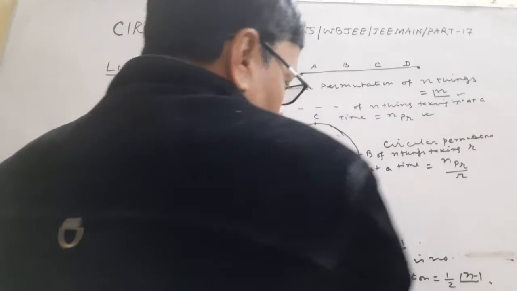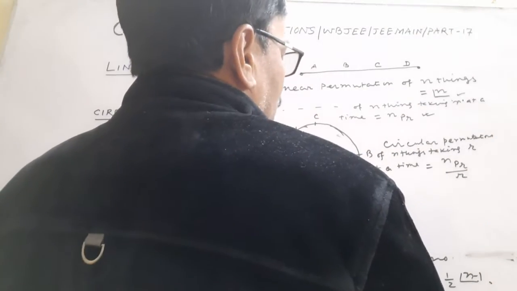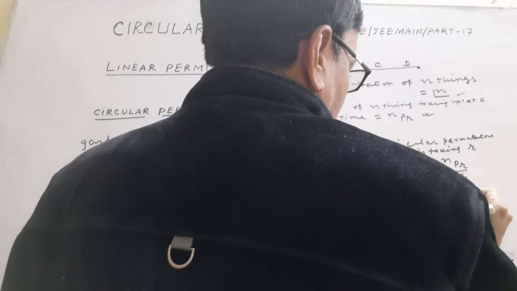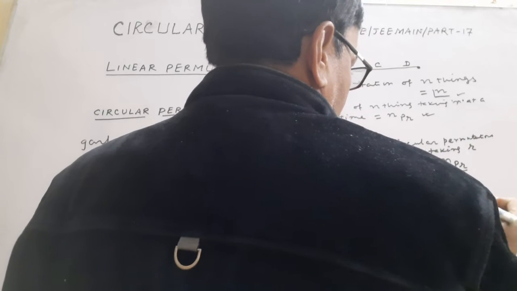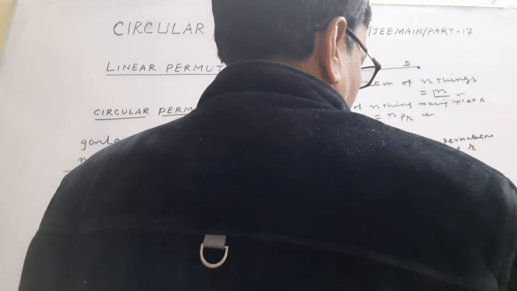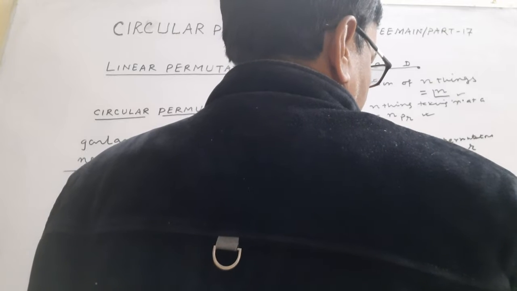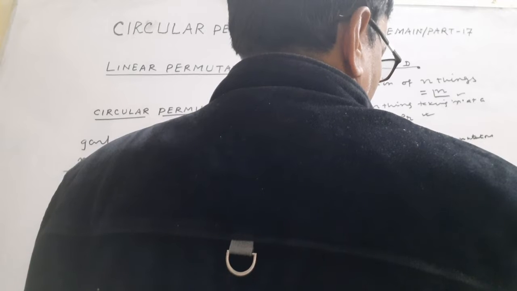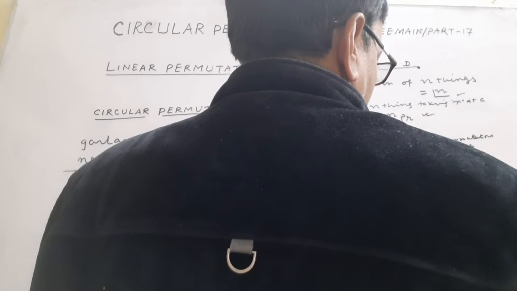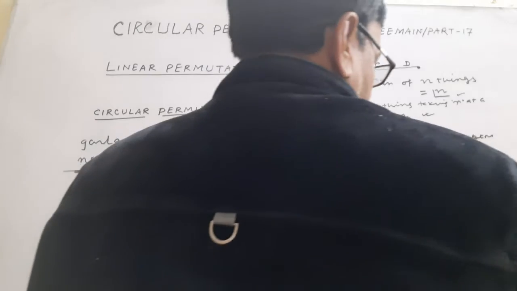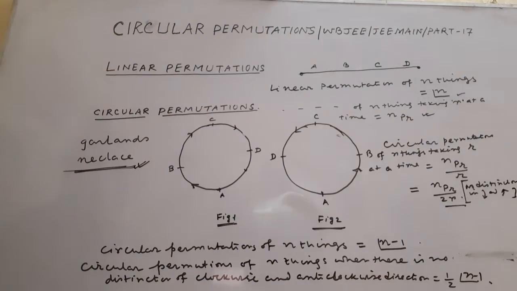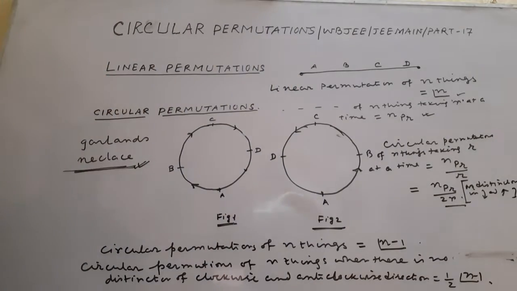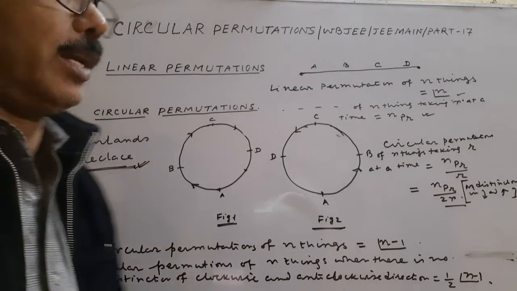And when there is no distinction in clockwise and anti-clockwise direction, then it is nPr by 2r. So this is the only difference. So this theory you have to keep in mind.